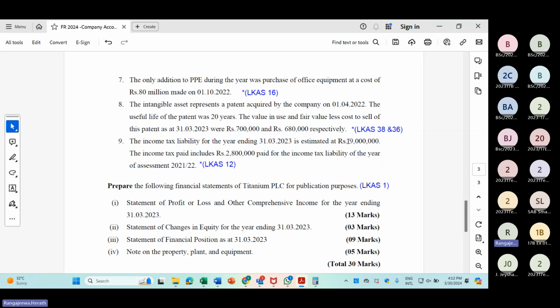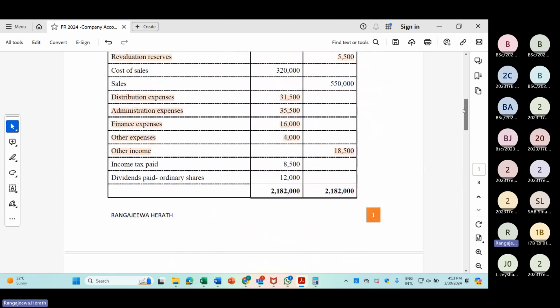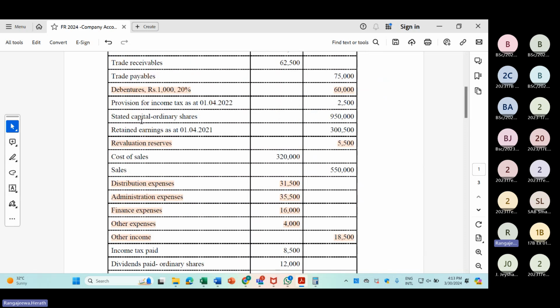Income tax liability 900,000. For the current year 9,000, and 2,800 payment for the last year. And we have income tax liability for the last year, 2,500. So 2,500, actual payment 2,800. So there's a 300 under provision.